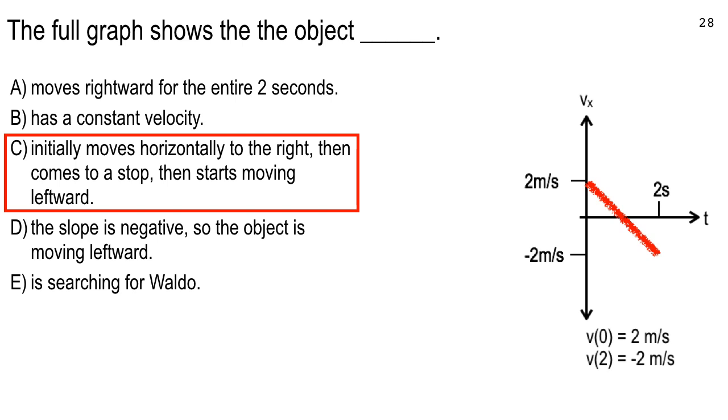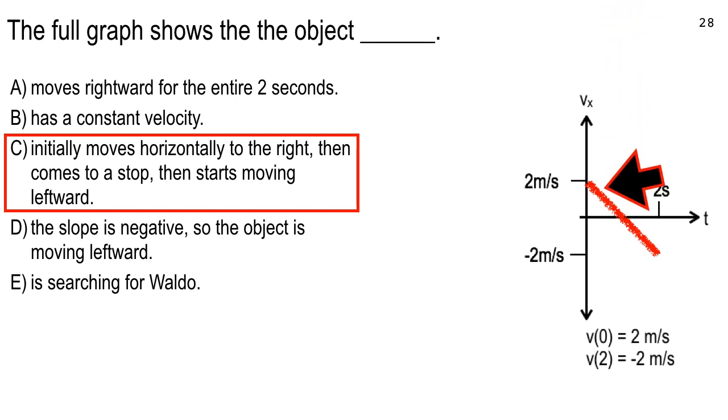But let's look at answer D. The slope is negative, which is true. It is dipping to the right. So the object is moving leftward. Yeah, it does have a negative slope, but that doesn't mean it's moving leftward. Only if it's below the time axis do you have leftward motion. All right.